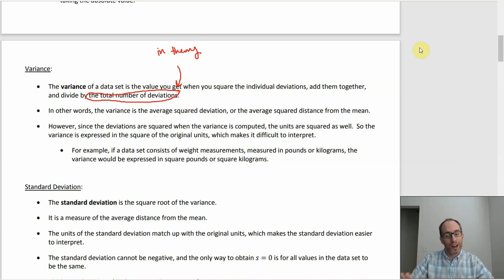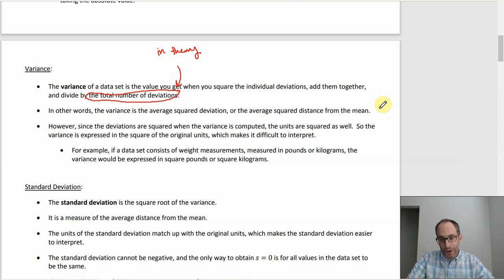So that's why I'm putting that note in there. But if that's how you're going to compute the variance, based on all these squared deviations, it's the average squared deviation, or the average squared distance from the mean.